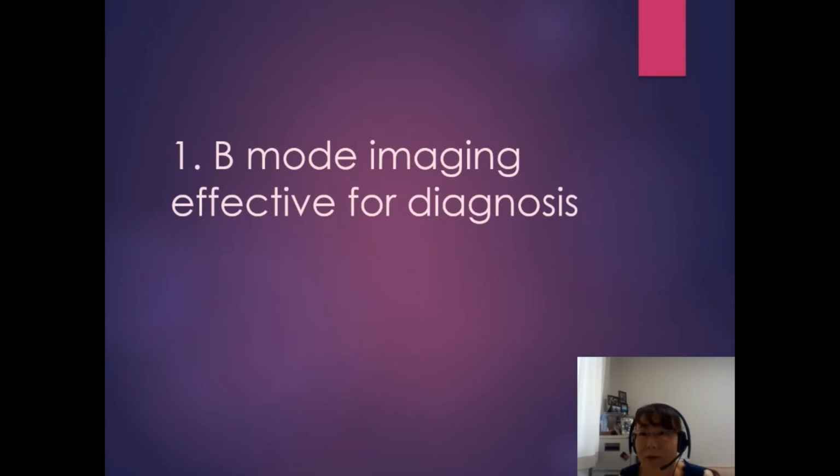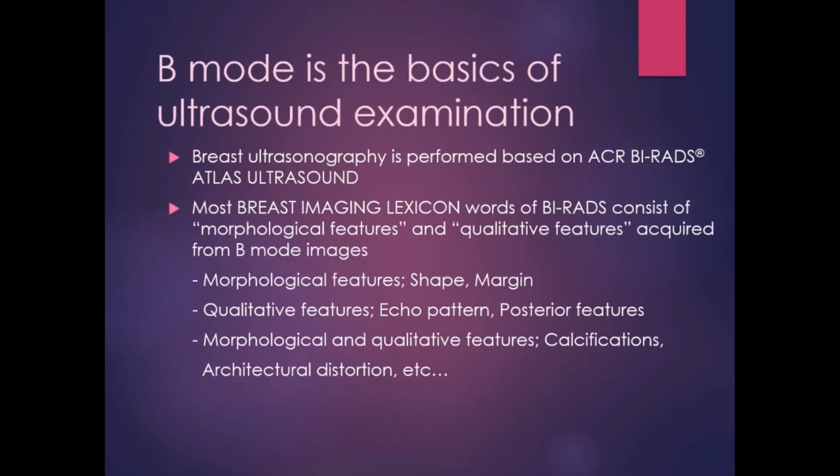First off, I'll talk about how to take B-mode images effective for diagnosis. As you know, breast ultrasonography is performed based on BI-RADS US of the American College of Radiology. Most breast imaging lexicon words of this BI-RADS consist of morphological features and qualitative features acquired from B-mode images.